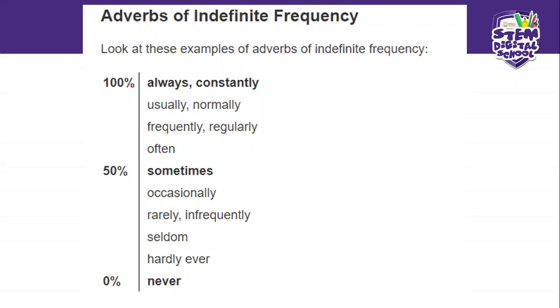So even here, if something happens constantly, it means that it's 100%. There is never a time when that thing doesn't happen. It's constant, it happens constantly. So that is something we always need to remember, that always and constantly is 100%, which means all the time. So you see, all these are adverbs of frequency.